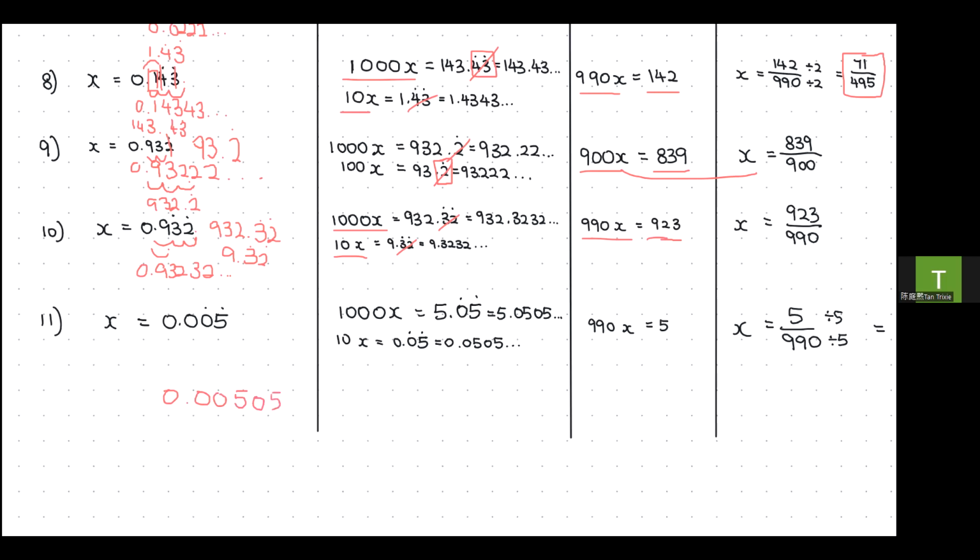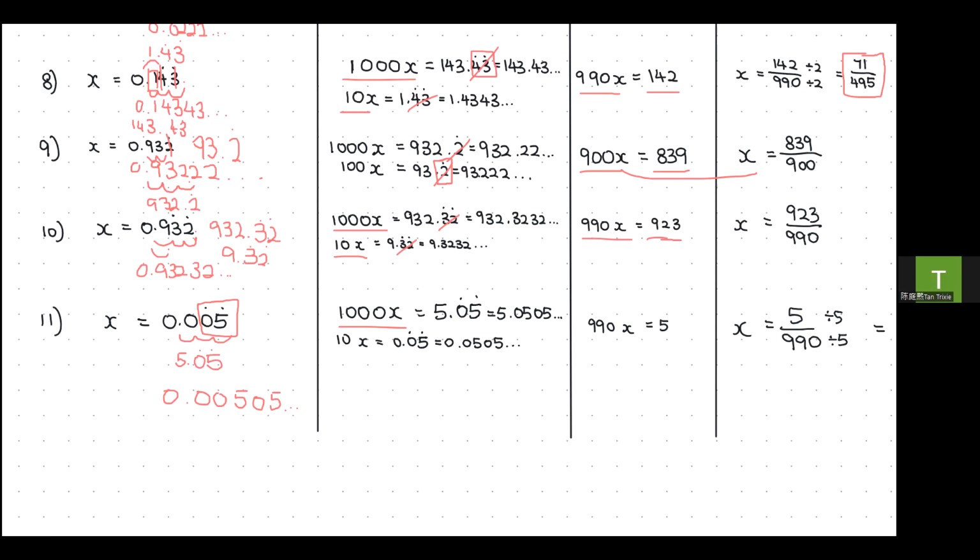Continue only repeating 0 and 5. So there are 3 decimal places, so times 1000x, move 3 steps, equals 5.05, because the 0 is also recurring, which is repeating. And remember to put the dot on top.